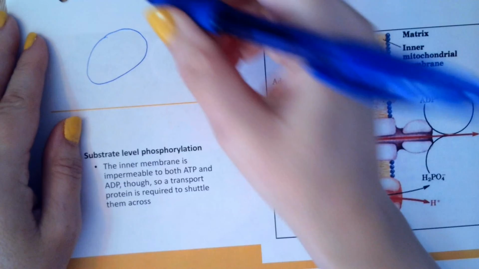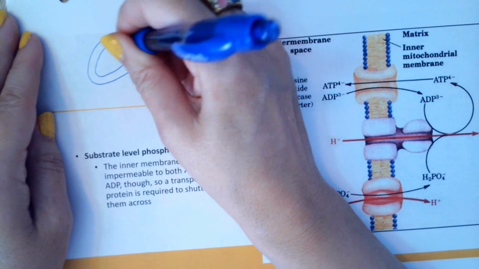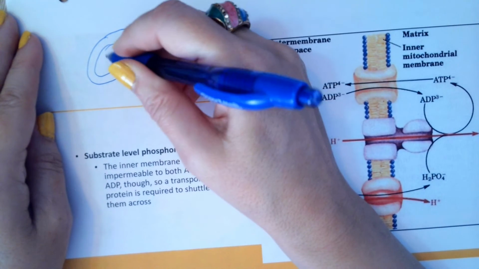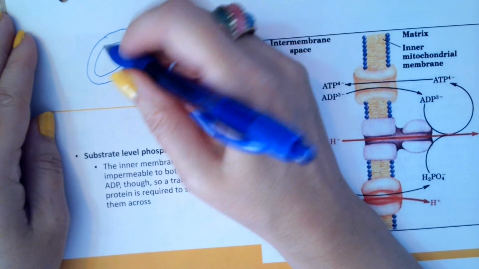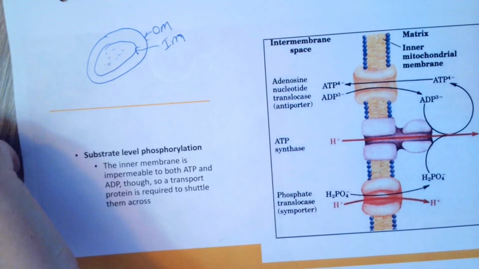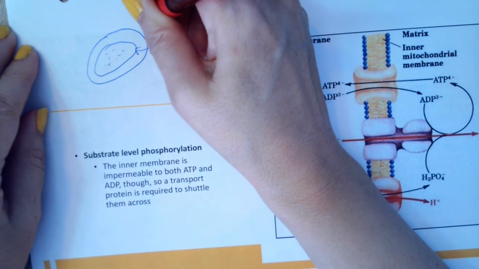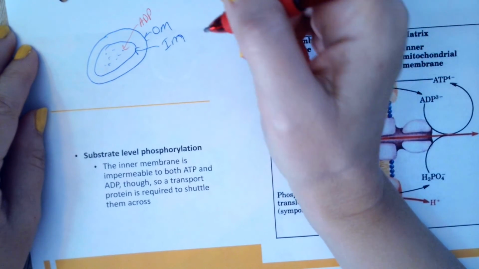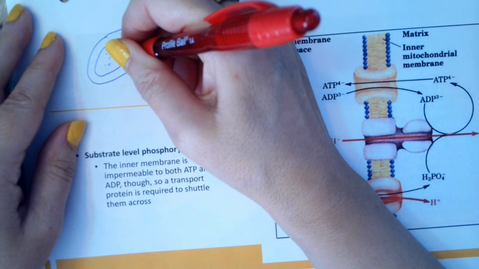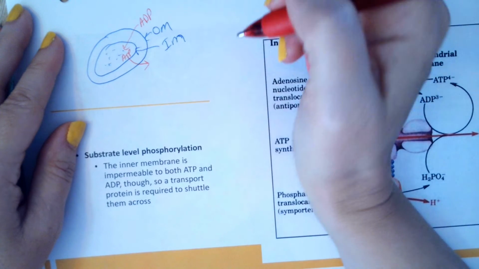So if we remember, there's the outer membrane, and then we have the inner membrane. And the Krebs cycle and the electron transport chain are all happening inside here in the matrix. So we need to have ADP in there, ready to have substrate level phosphorylation happen to it. And we need to get ATP that we create in the electron transport chain out.